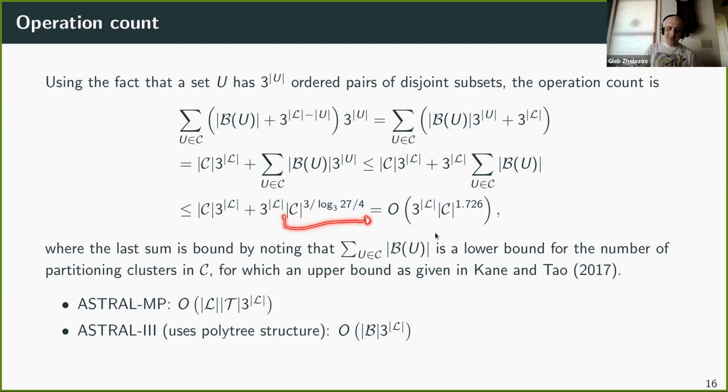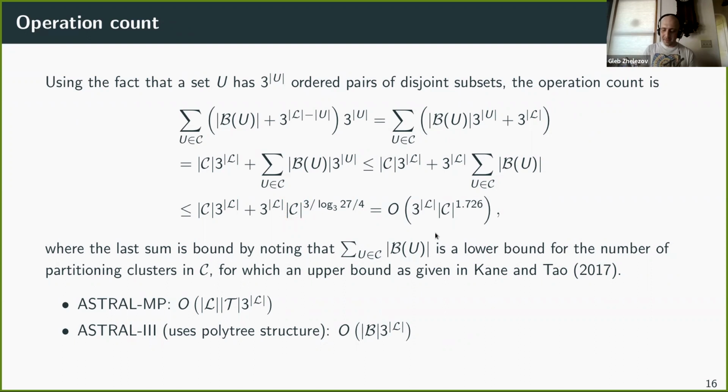This is the bound they use in Astral when they're trying to figure out the complexity of Astral in its approximate mode. But we can also use it to bound the number of clusters that we have given the number of bipartitions. We can bound the sum of all the bipartitions we have as a power of the number of clusters that we have, but this is a very rough bound.